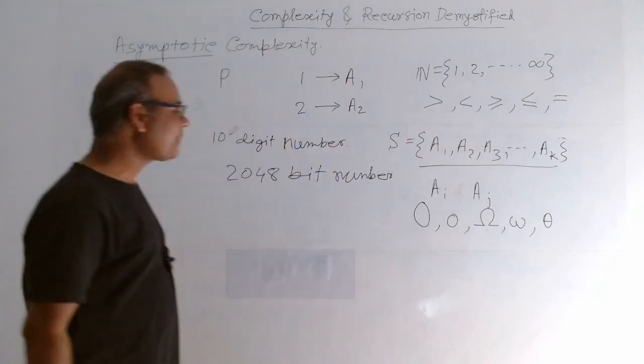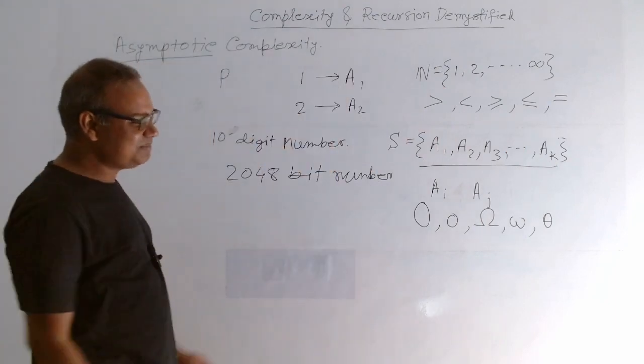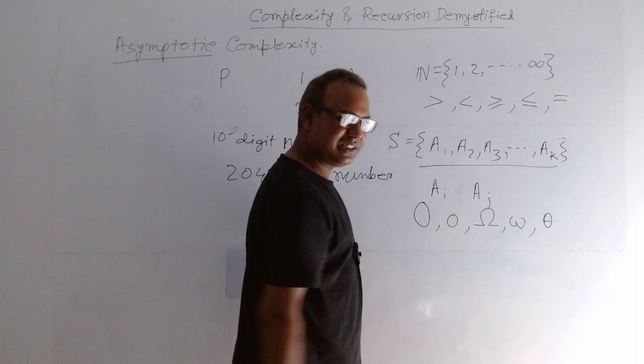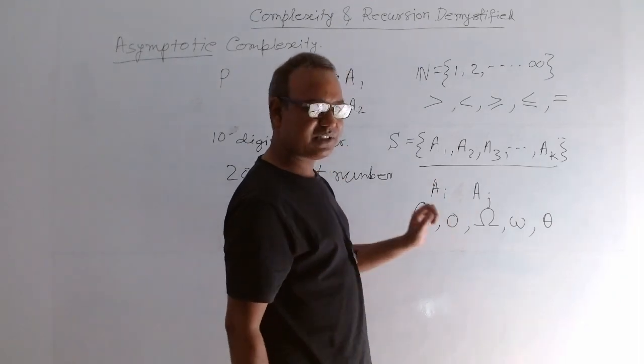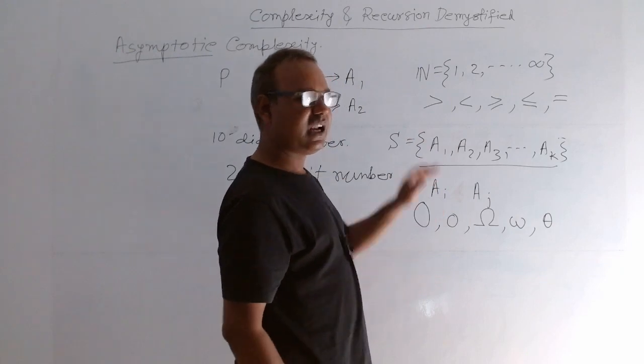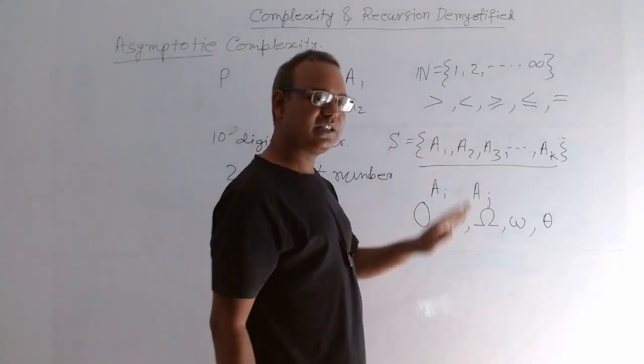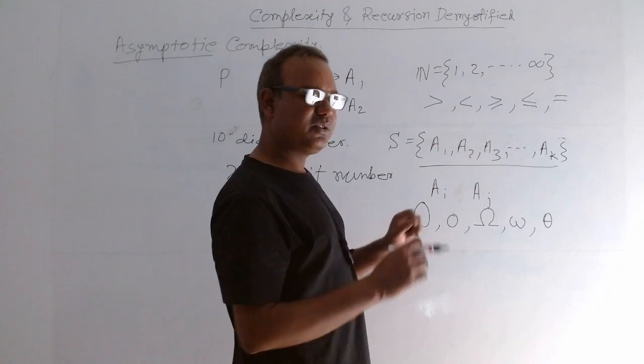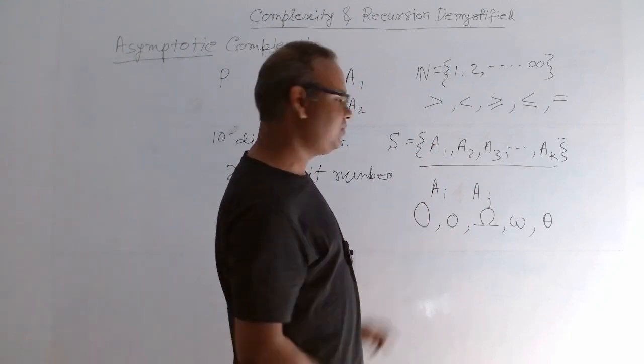Now, given two algorithms, they have some complexity. Complexity means we have computed how many instructions there are, and if we run the full algorithm considering the loops or recursion, the total number of steps.